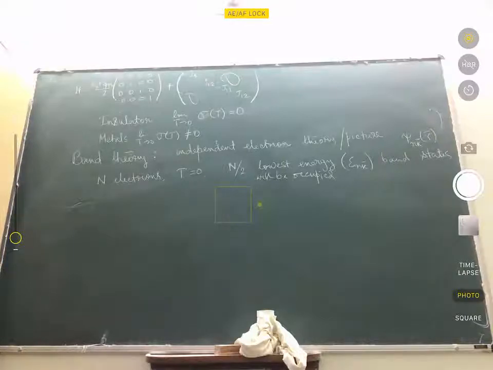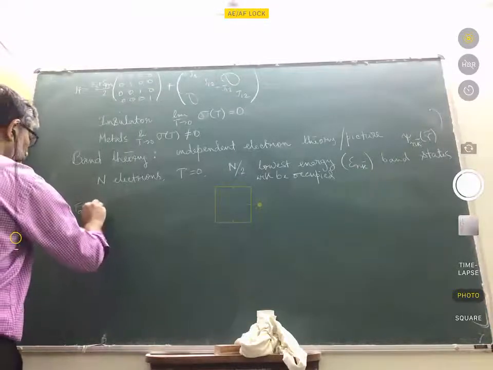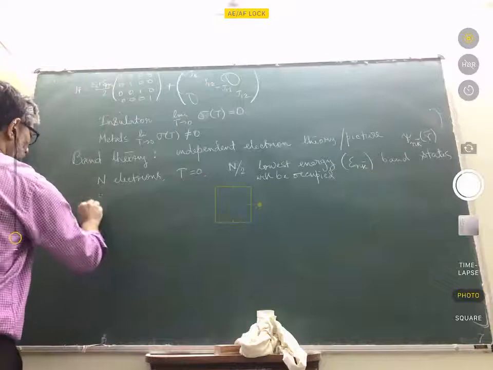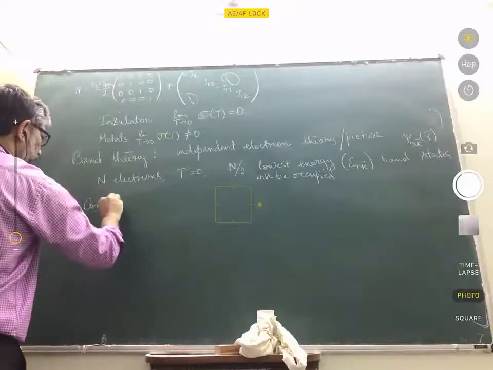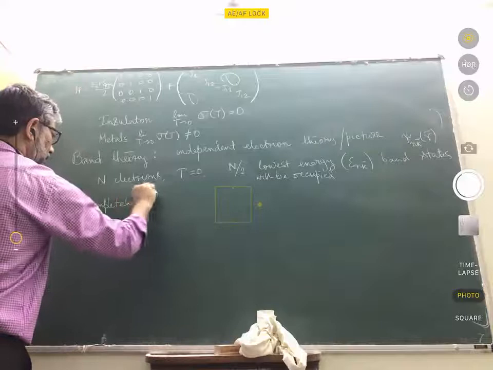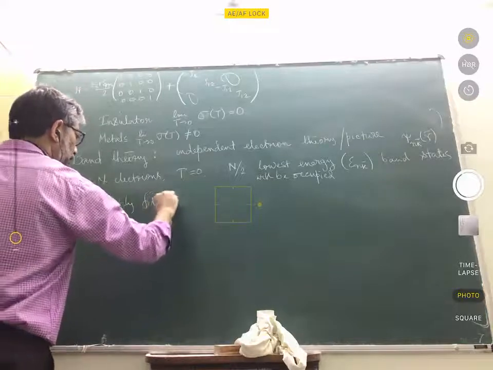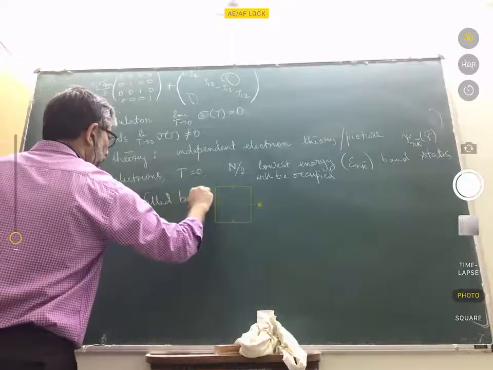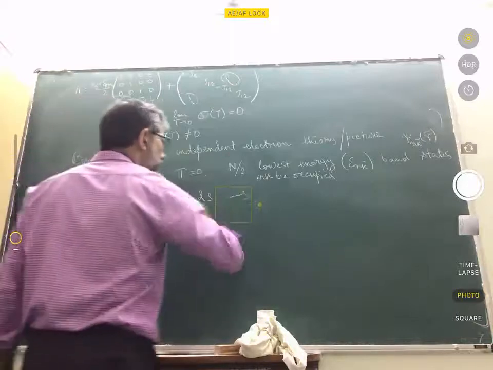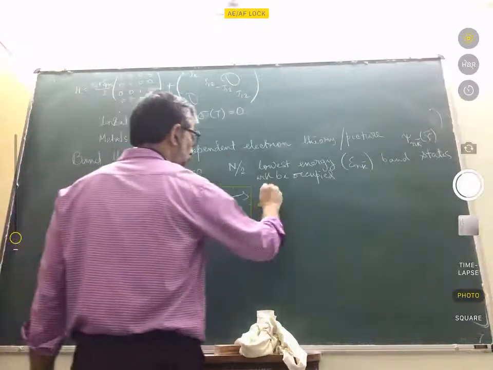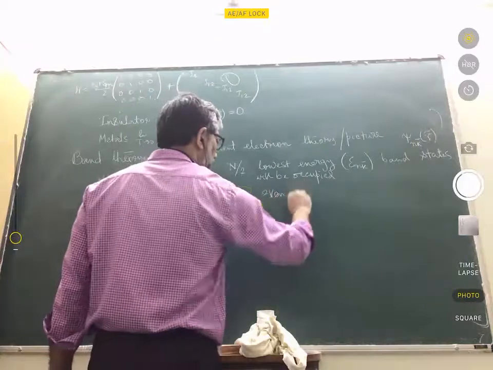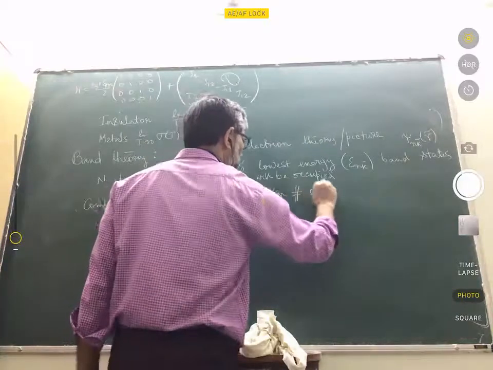So in order to have completely filled bands, you would require an even number of electrons per unit cell.